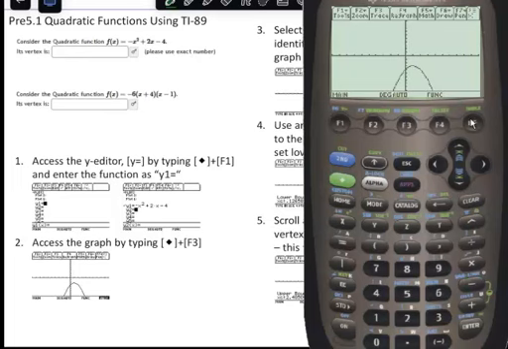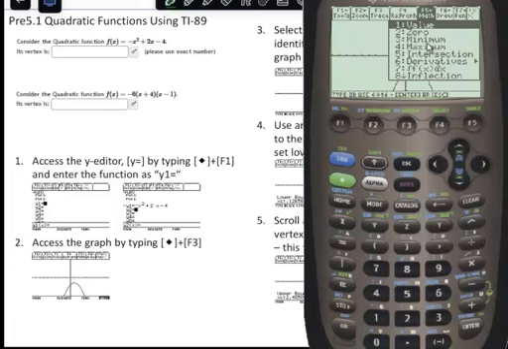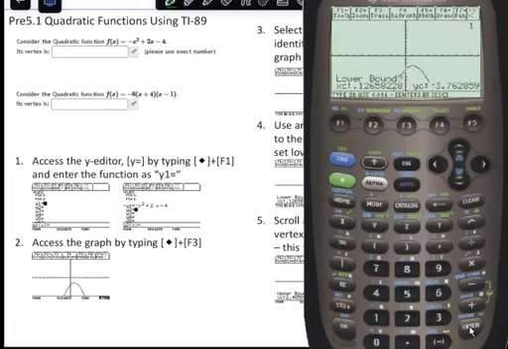So hit F5, and I choose either the minimum or maximum. Because it opens down, that vertex is a maximum. If I choose maximum, I'm going to be prompted to identify a lower bound and an upper bound for my x intervals so that I find the highest value, the maximum output, within that interval.